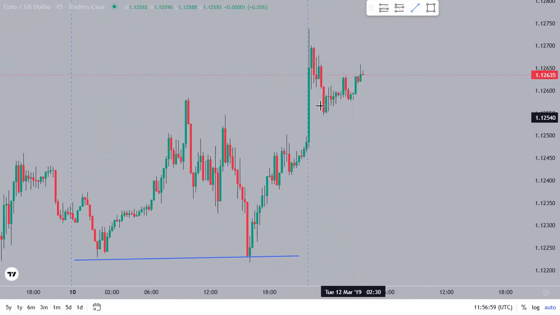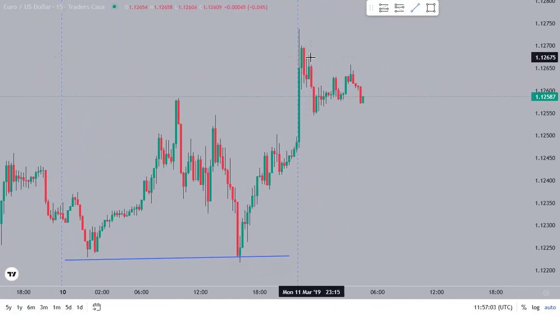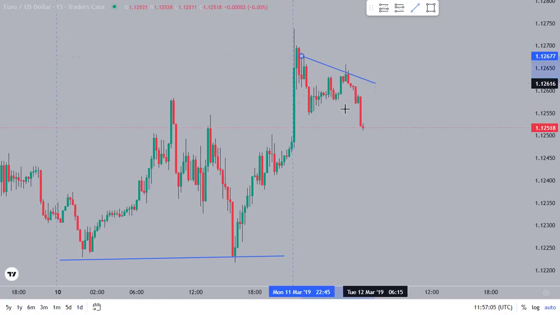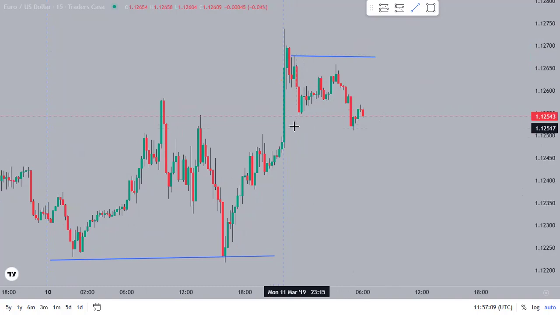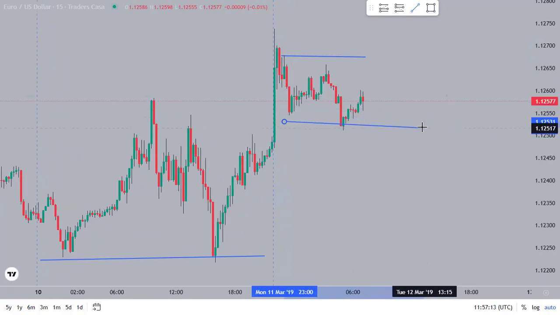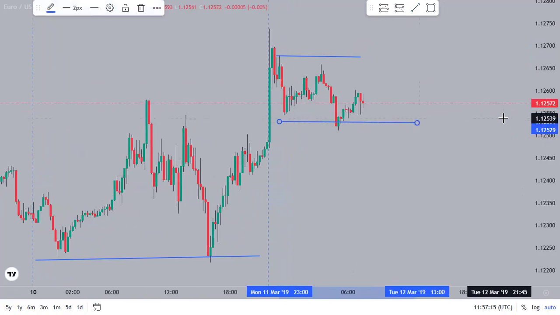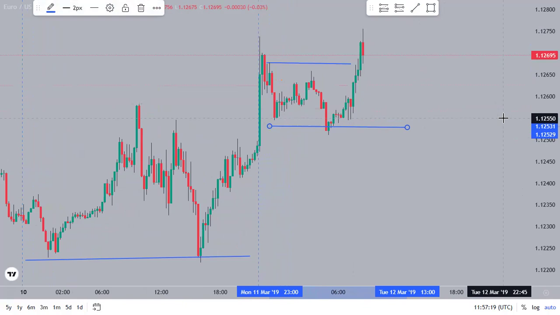We are on a new day now. And usually, when a new day starts, the market would start with a consolidation.